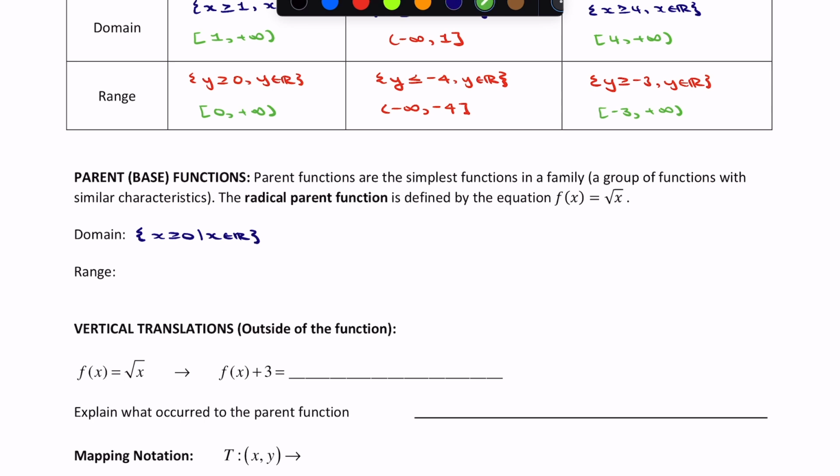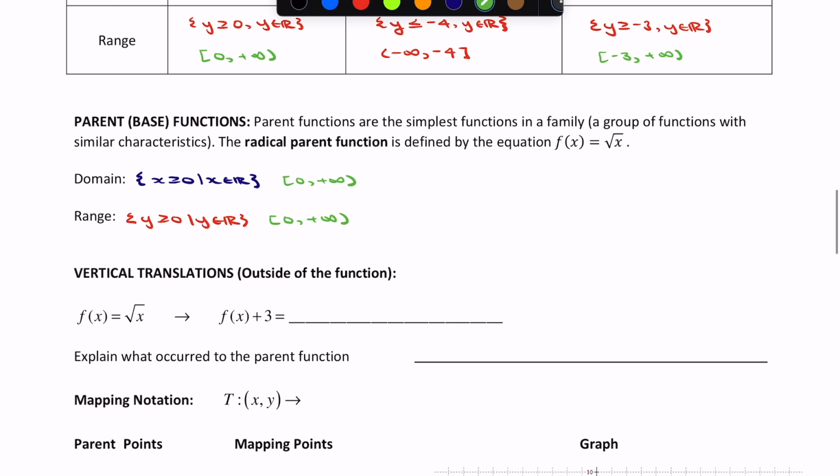So we can also write that as 0 to positive infinity. And for our range, y is greater than or equal to 0. Y is an element of real numbers. And here we see that it would be, again, 0 to positive infinity.